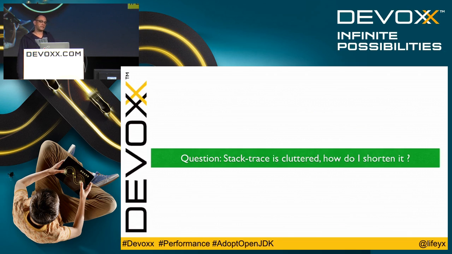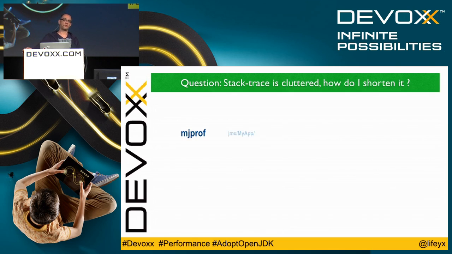Another question that we have many times is that we have stack traces that are huge. Many frameworks like application servers, JBoss, Tomcat have, before you start, maybe 50 stack frames that are really not relevant and not helping you understand what's going on. So you want to filter them out.